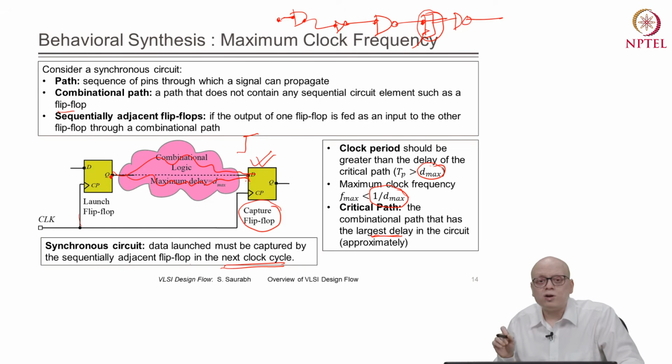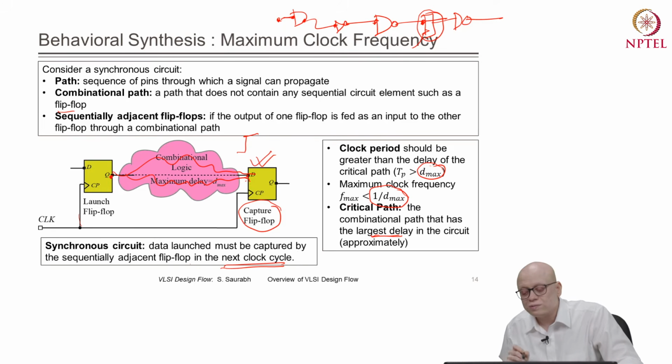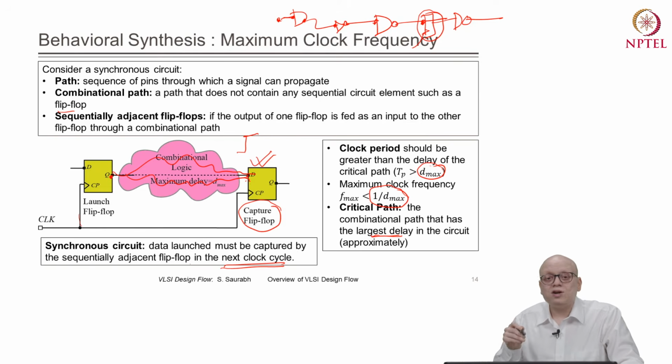So this is just an approximate description of how the maximum clock frequency for a circuit can be calculated, but the details of these calculations we will be looking at in later lectures of this course when we discuss static timing analysis.